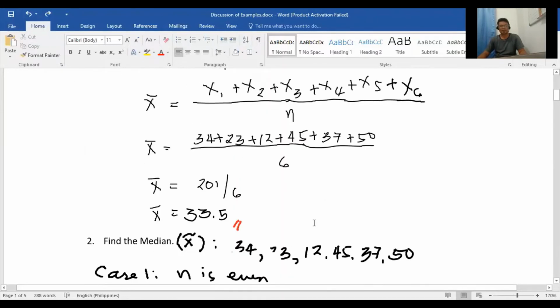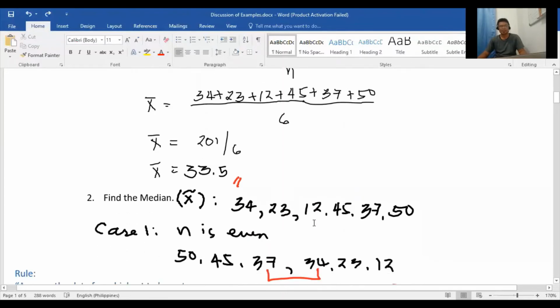Next, the median. The median is represented by capital MD or x with a bar curve above it. The data set for the median to be used is the same set that we have used in our mean: 34, 23, 14, 45, 37, and 50.